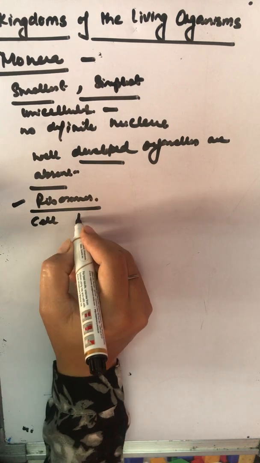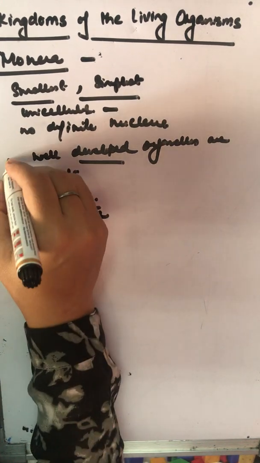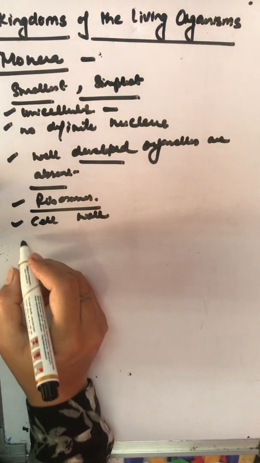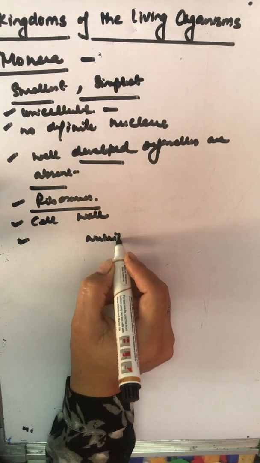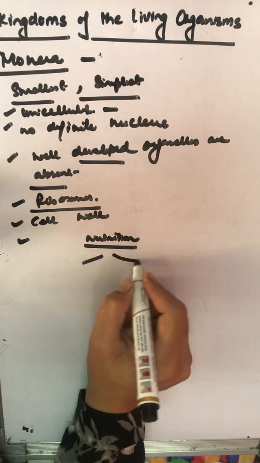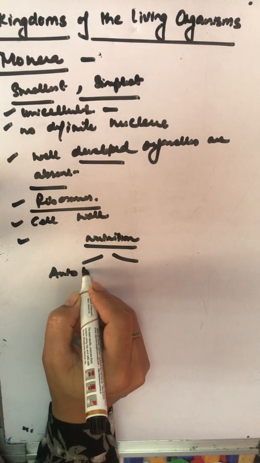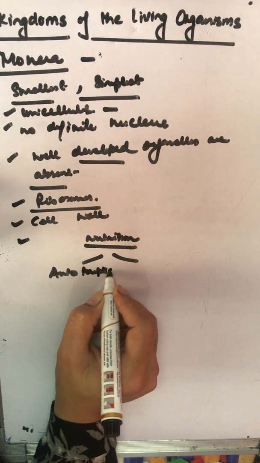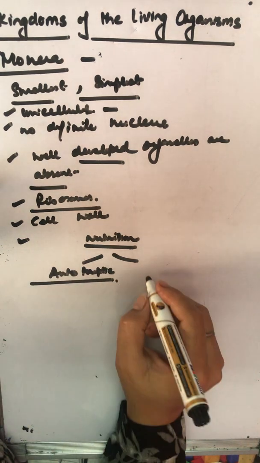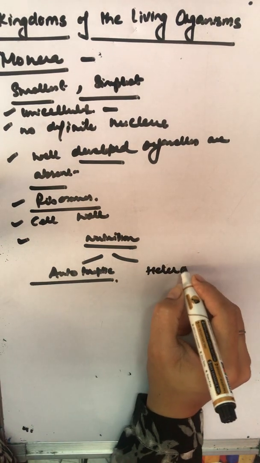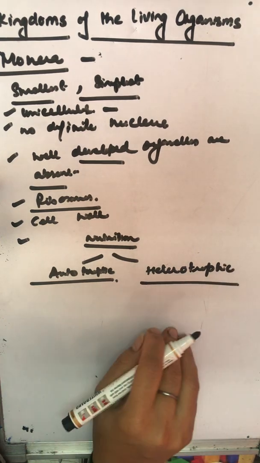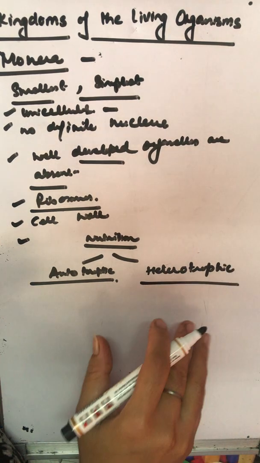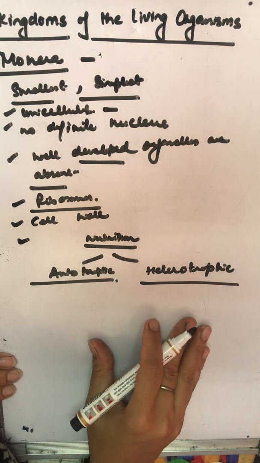Then we talk about what do they eat? Their nutrition can be autotrophic, that is they can synthesize their own food, or it can be heterotrophic, that means they are dependent on environment, they get their nutrition from the environment.